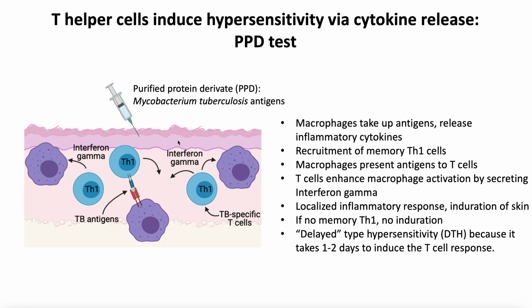So when you get the TB shot, the PPD test, you go back 2 or 3 days later, and they read your reaction to determine whether you've had a reaction to these PPD antigens. If you have no Th1 memory, of course, then you don't generate this hypersensitivity reaction. And again, this is called a delayed type hypersensitivity, largely because it takes 1 to 2 days to induce the T cell response that results in this reaction.